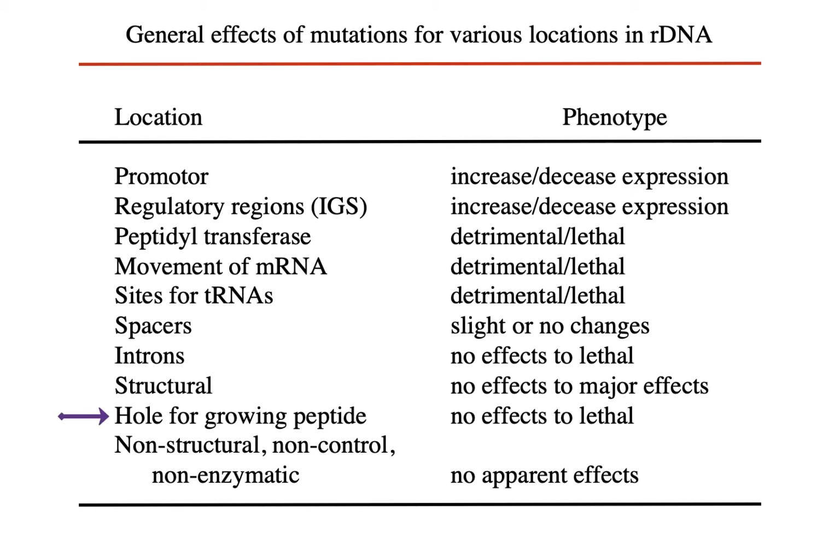And something I didn't talk about, but there's a hole going through the large subunit, and that's where the growing polypeptide is moved through the ribosome as it's produced, and actually has a purpose in that it holds on to that peptide and has held onto that polypeptide for probably 4.2 billion years. So it's been there ever since the beginning to stabilize the reaction so that the ribosome can do its job to attach the polypeptide, the two amino acids together, or the amino acid to the growing polypeptide chain.